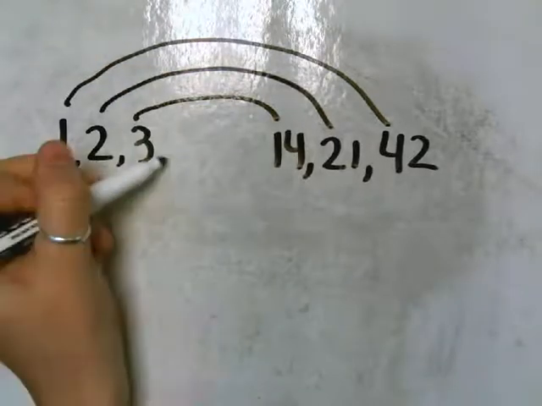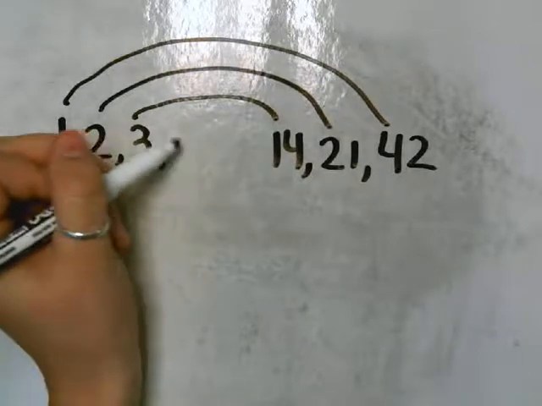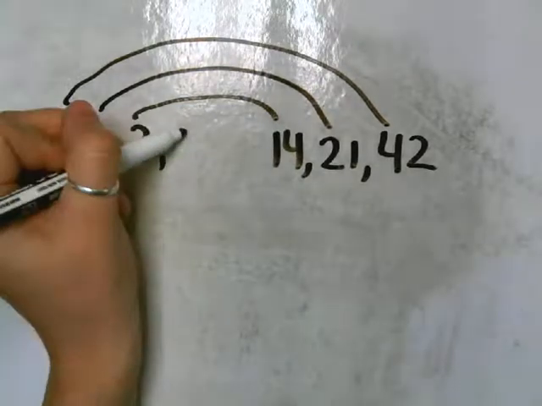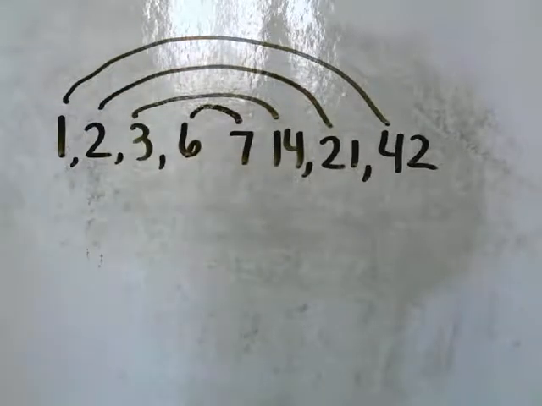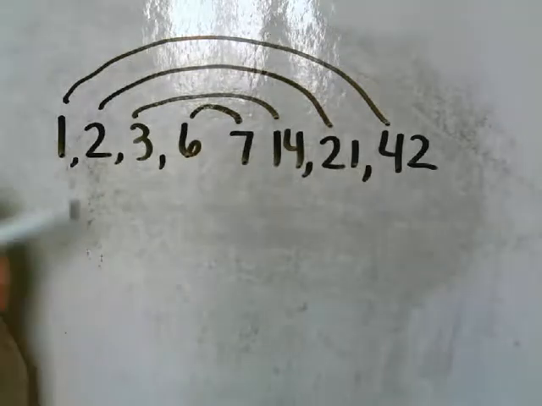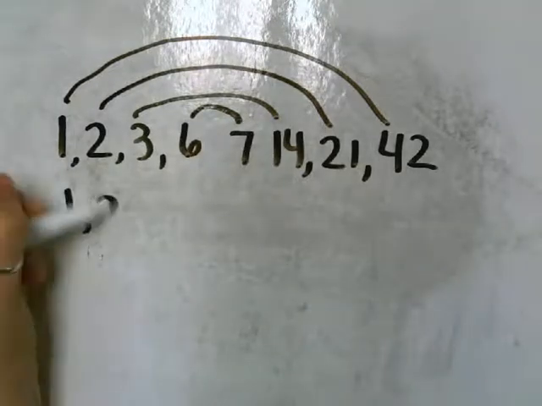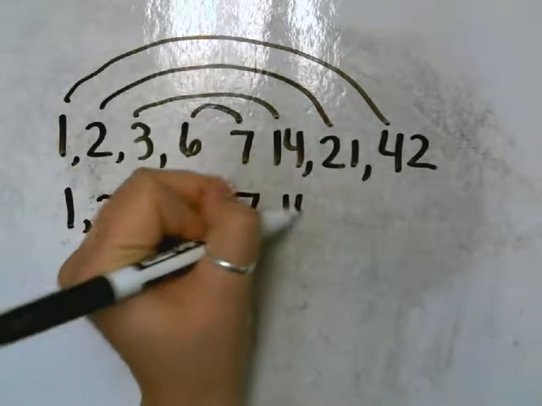And 4 doesn't go into 42, 5 doesn't go into 42, and 6 times 7 equals 42. So we have 6, 7. The numbers have met, so we can stop. So the factors of 42 are 1, 2, 3, 6, 7, 14, 21, and 42.